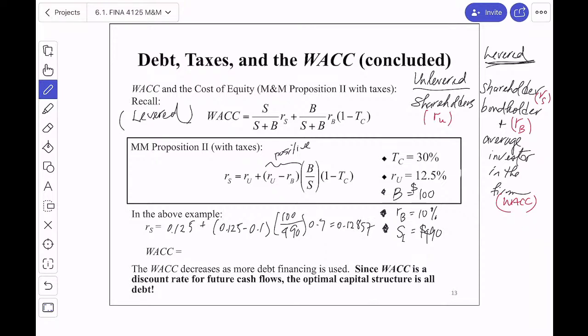So I get 12.857. So it's gone up, right? It's gone from 12.5 and it's gone up to 12.857, and it will always go up because this is a positive. It'll always go up the higher the debt to equity ratio. So I made the calculation. Let's calculate the WACC and what happens to WACC.